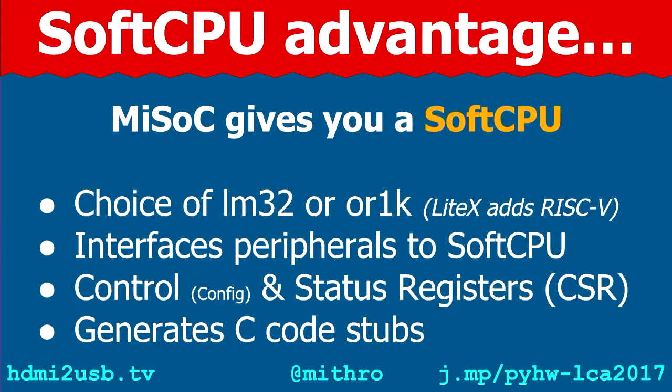continue to work. It also generates the C code you need to talk to your peripherals. So you get C functions that let you read and write the registers you set up on your peripherals. It generates all these C code stubs.